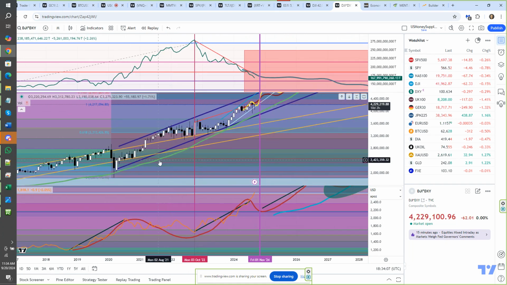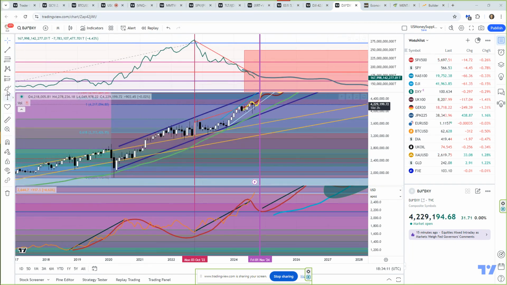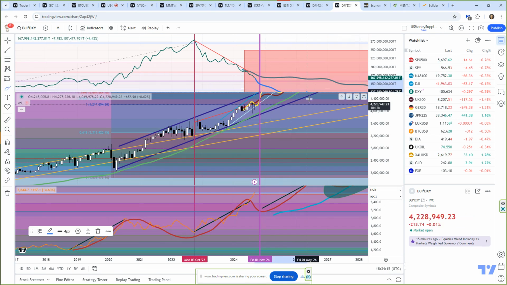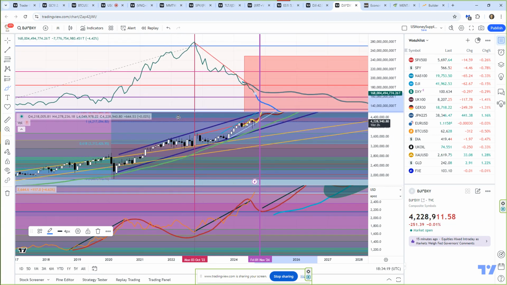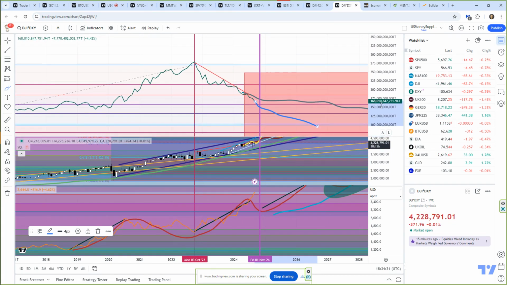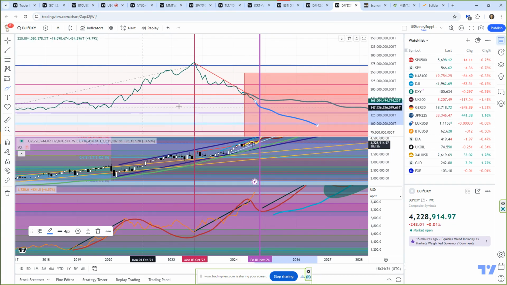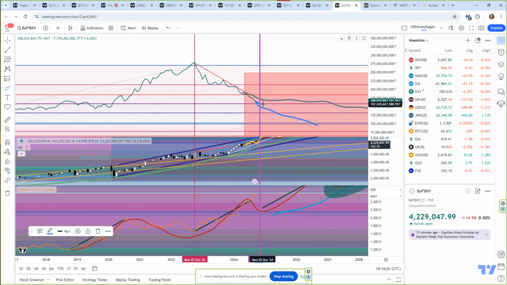And what the Fed wants to do right now is create a breathing room. It does not want to watch this collapse. What it wants is a breathing room. It wants this to move into sideways trading, build a base, and then roll back up out of it. That's why the Fed is making a move.